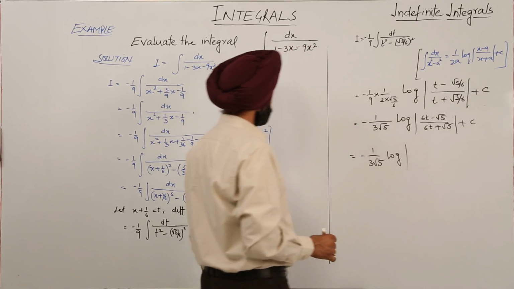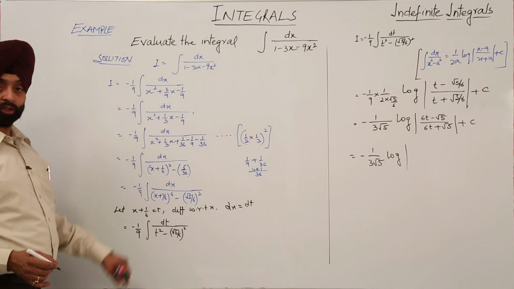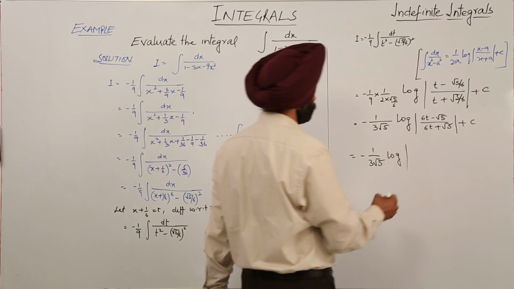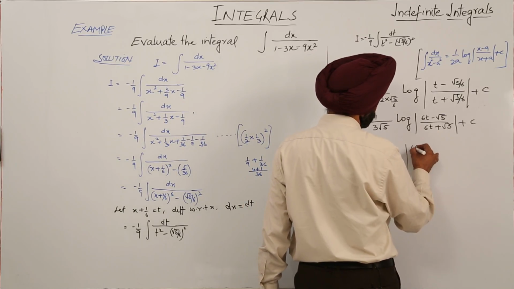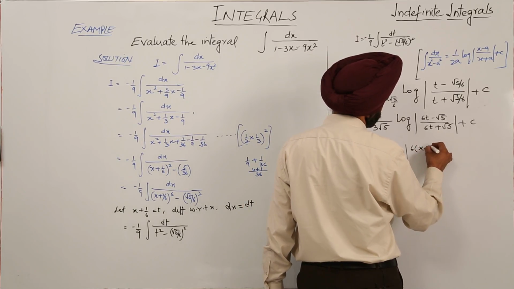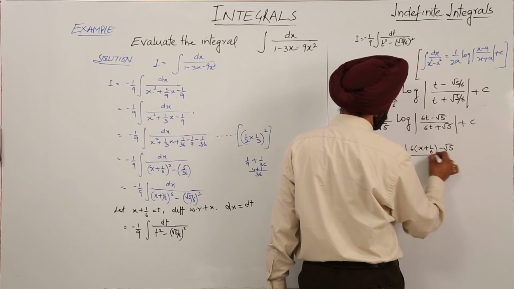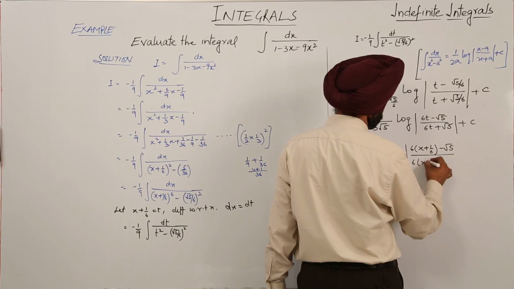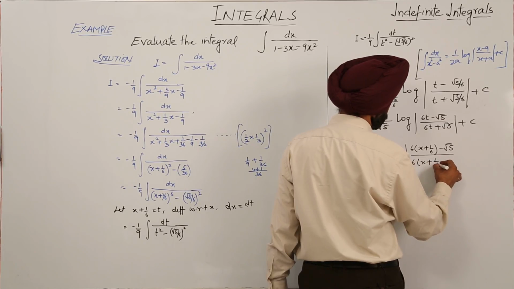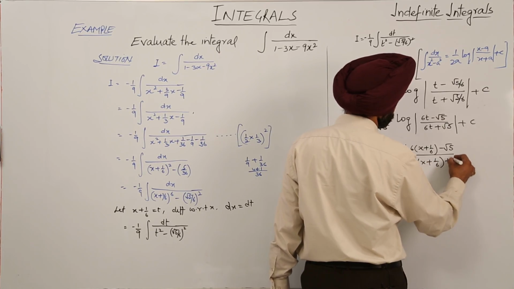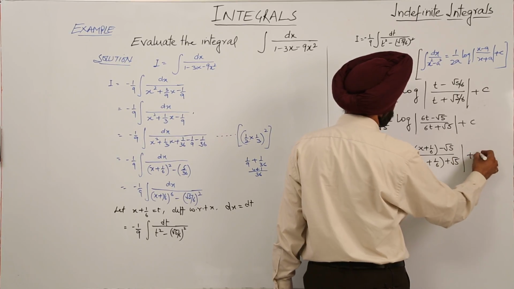log, what is t? t is x plus 1 by 6. So 6 in the bracket: (6x plus 1 minus root 5) upon (6x plus 1 plus root 5) plus c.